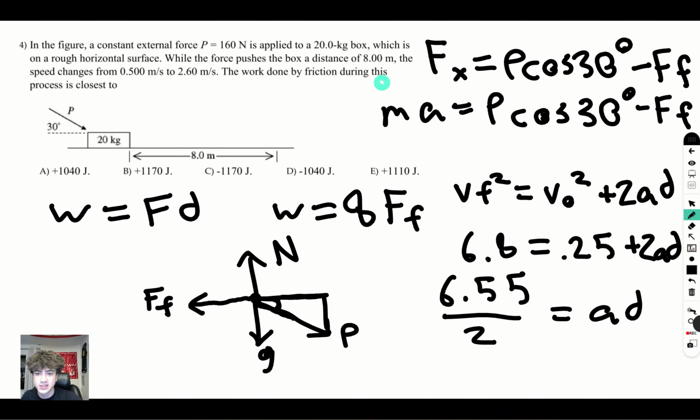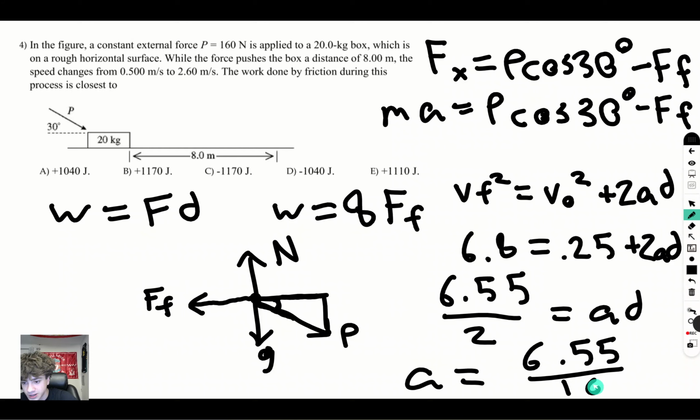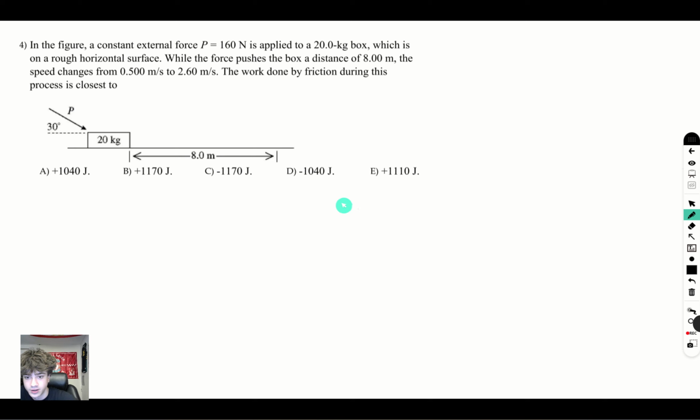We know that our distance is 8 meters, so that gives us an acceleration of 6.55 over 16 because we divided both sides by the distance. So now let's calculate this value. 6.55 divided by 16. That gives us a value of roughly 4.1. Or sorry, rather 0.41.